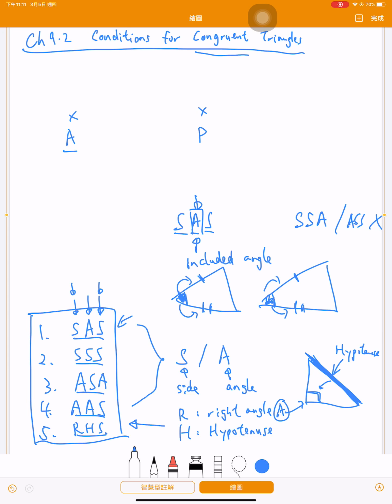For example, the point A, point B, we match it first, and then we have 2 lengths are the same. For example, this one and this one, I call it B, I call it Q. And then for the other side, for example, this one, it's the same.